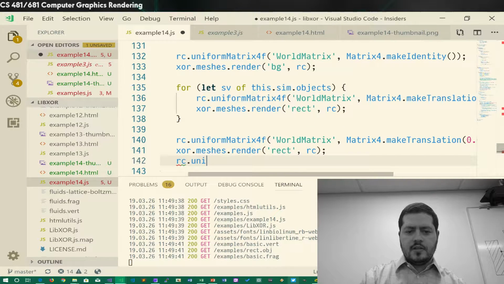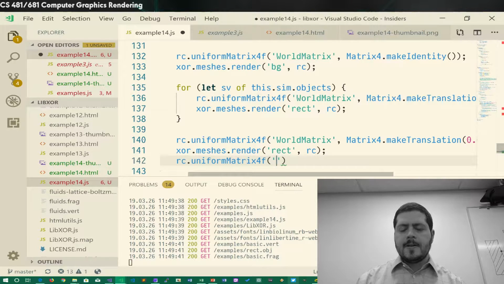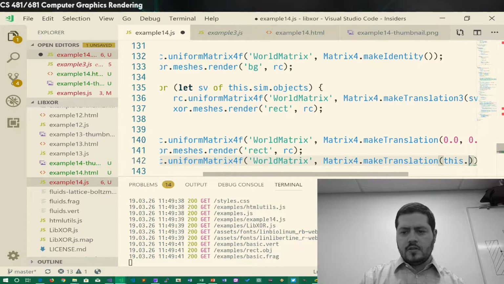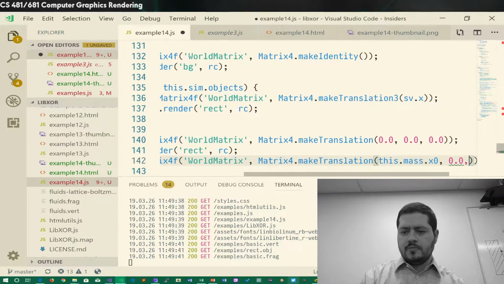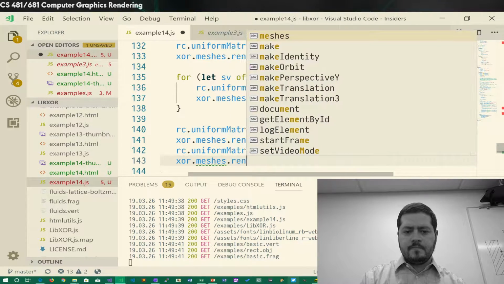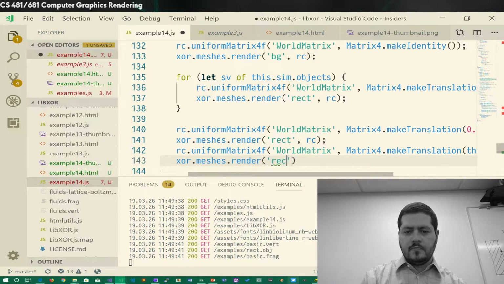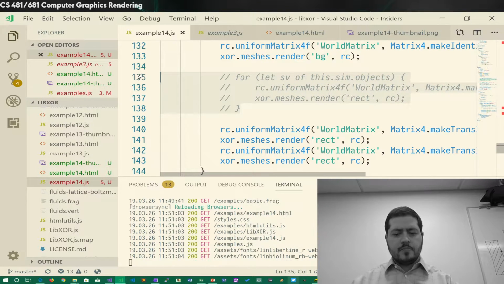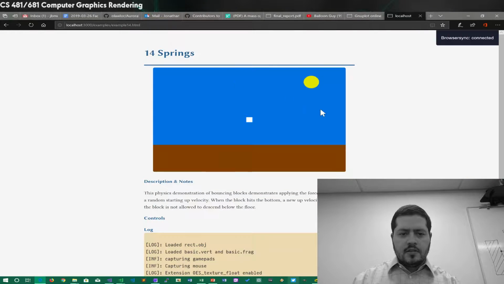And then we can set the location of the mass to this.mass.x0. Just put it in the middle of the screen and then draw that. Okay, so let's see where we're. That looks good.